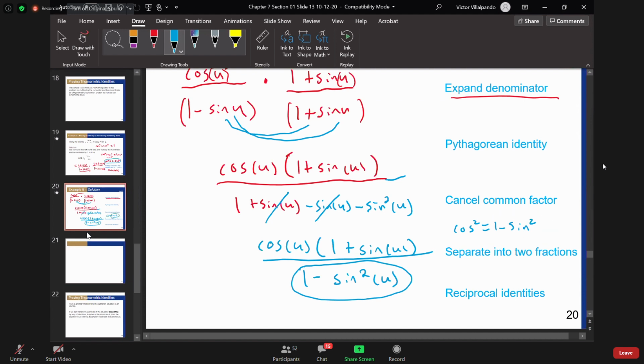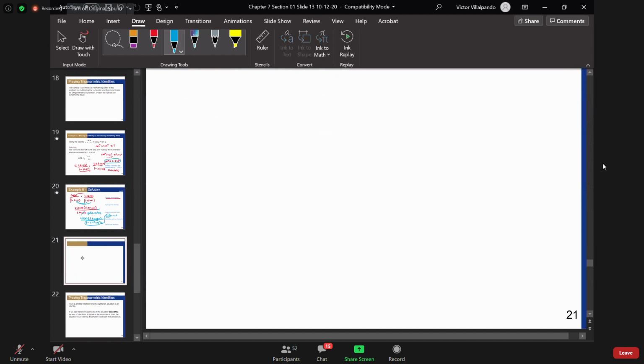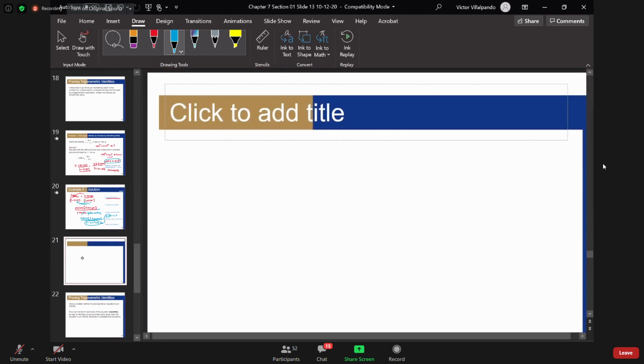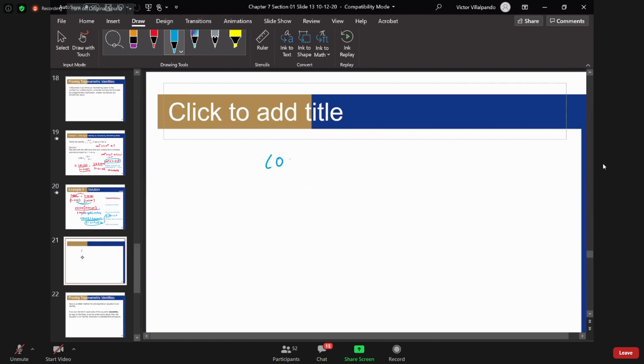No, wrong way, this one. I'm going to change that there. All right, let's continue. So here we have cosine of u, all multiplied by 1 plus sine u, all over cosine squared.